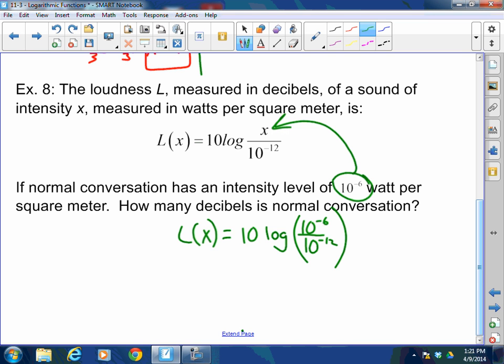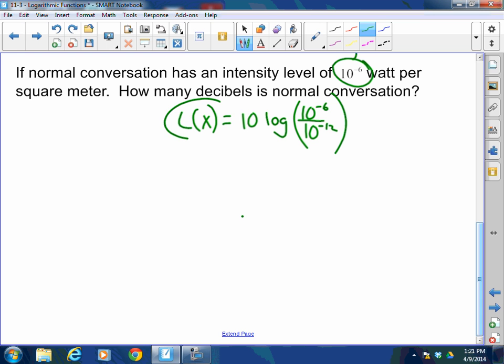Turn this into a y. This equals 10 log of, what's 10 to the negative 6 divided by 10 to the negative 12? 10 to the 6. You guys rule.